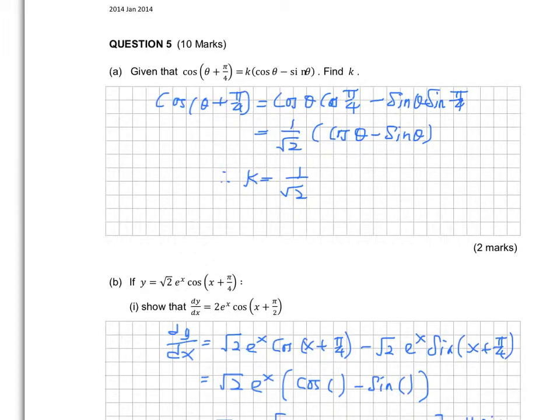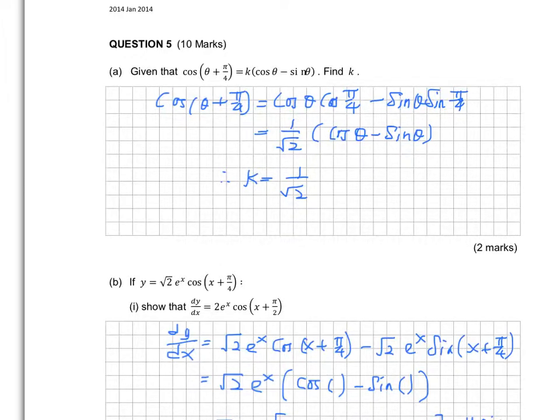And on the inductive argument question, I do expect that you're able to do the first couple of parts, because they are not really on the inductive argument yet. It's really trigonometric functions or differentiation.